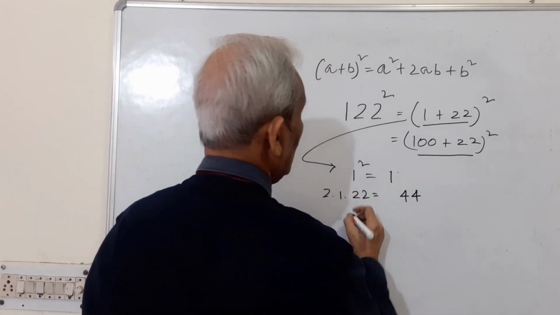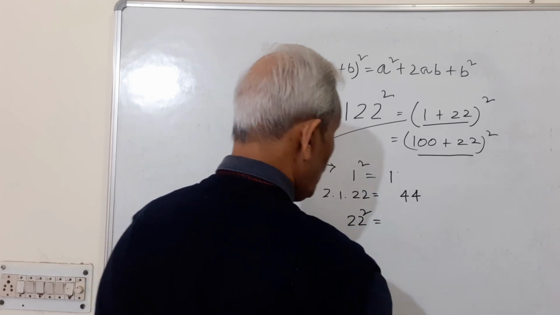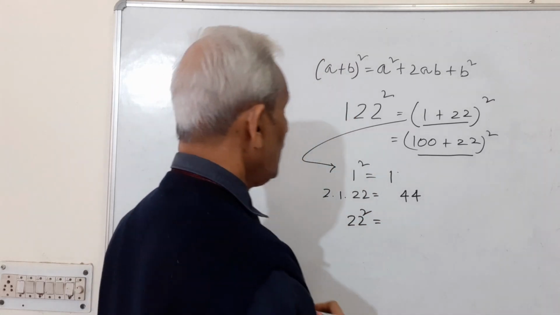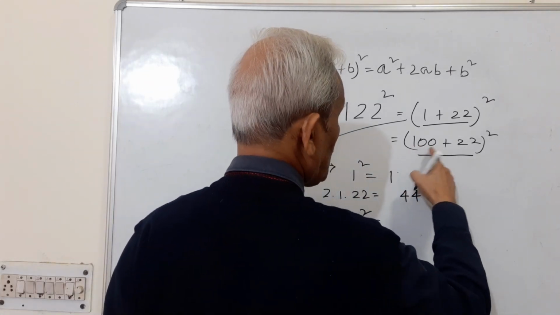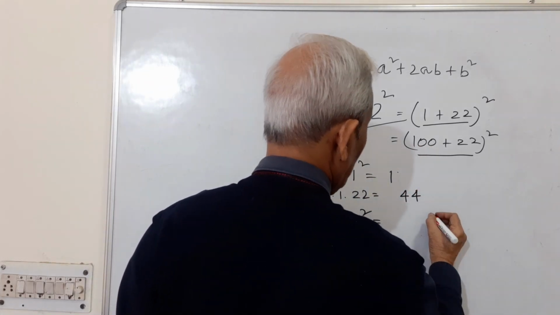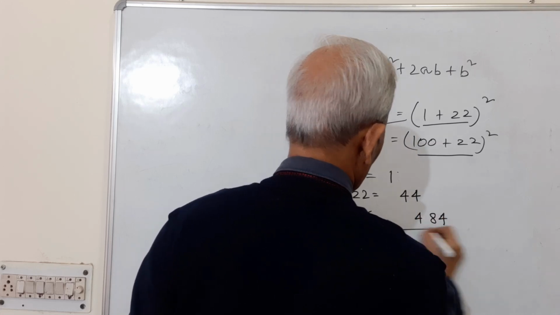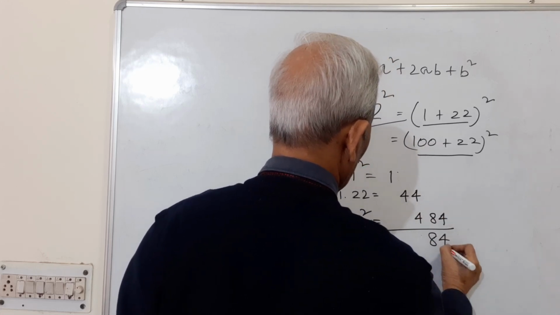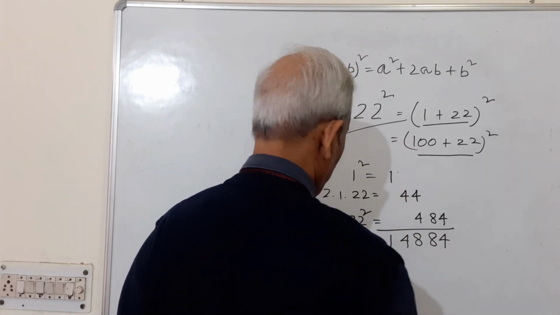And then 22 square is incidentally 484, and there are 2 shifts. So write down 84 here and write down 4 here. So answer should be 1, 4, 8, 8, 4.